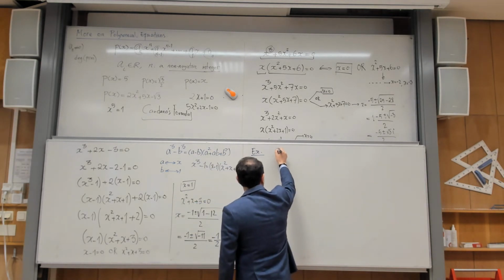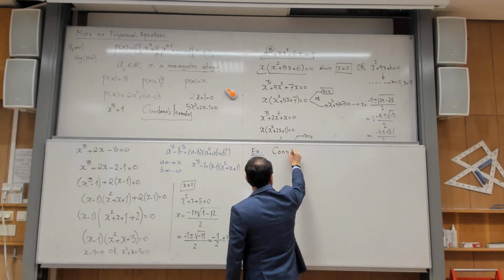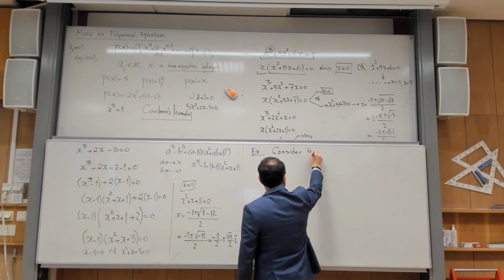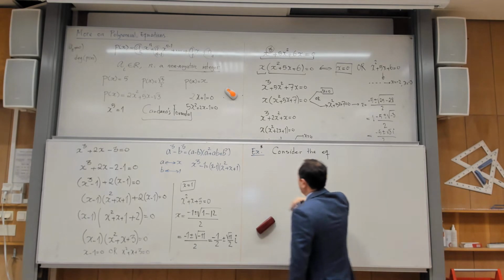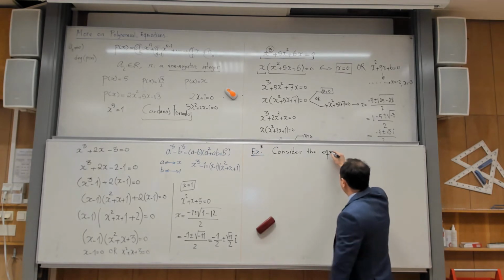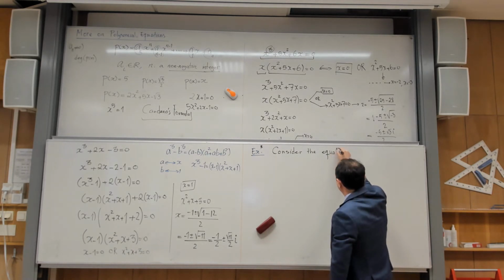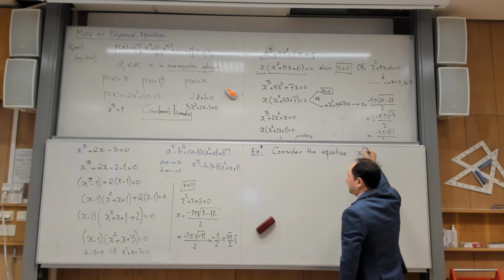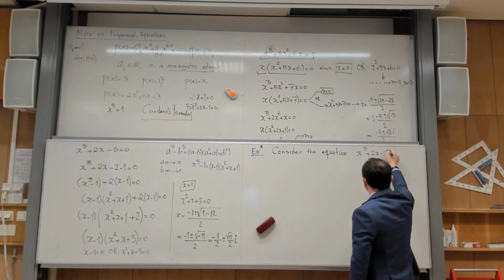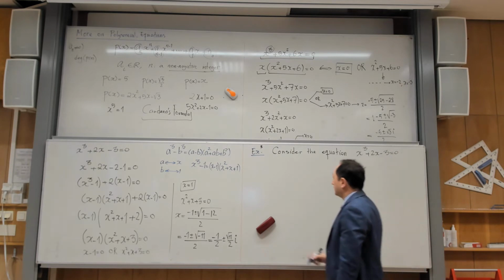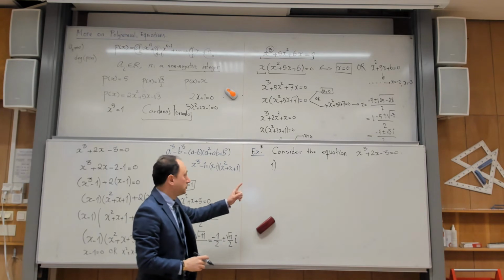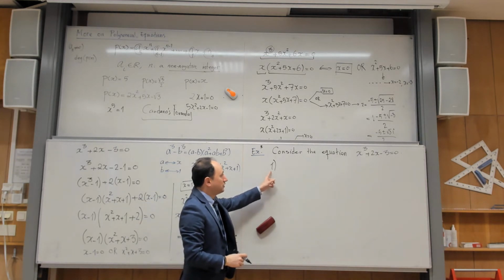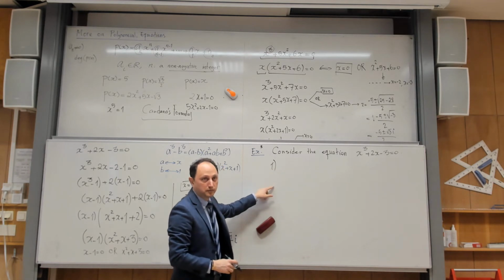Consider the equation. This is important, by the way. This is the type of question that you might face. Okay, consider the equation. I will give you the same equation. x to the power of 3 plus 2x minus 3 equals to 0. Number one, this is usually given in the book, in the questions in the book. They give you some kind of very simple investigation which will help for you to solve the problem. Okay?